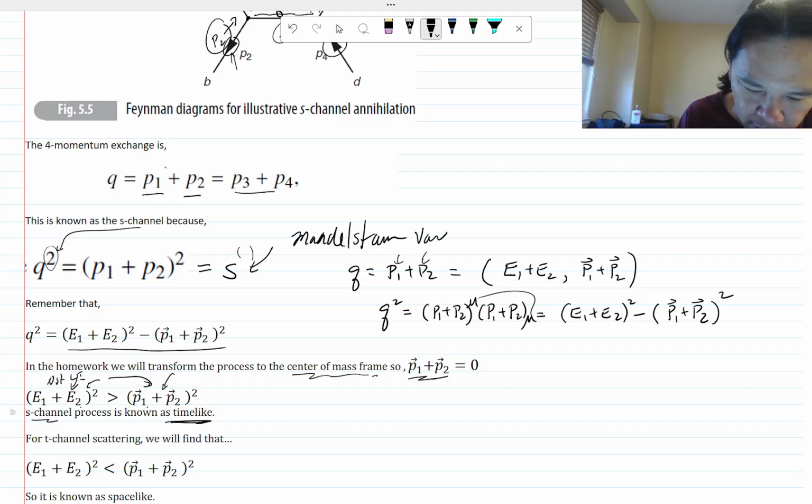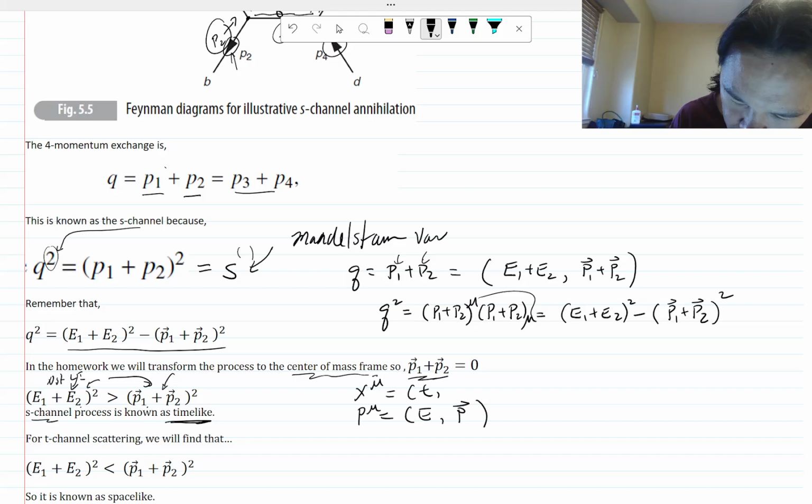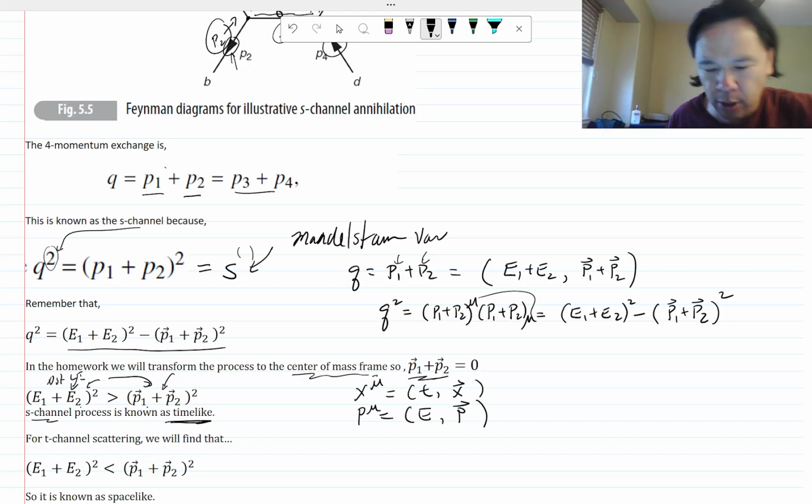This is known as a time-like process because remember when you're writing 4-vectors, P mu, it's energy and then the momentum. This is correlated to how we write the coordinates, where the coordinates are time and then the 3 spatial coordinates.